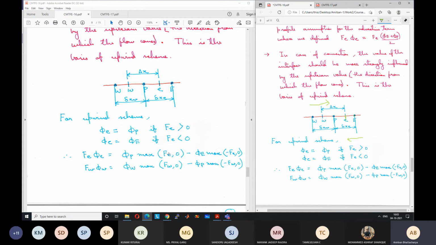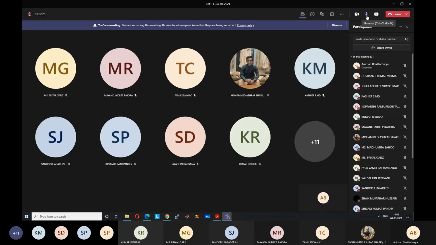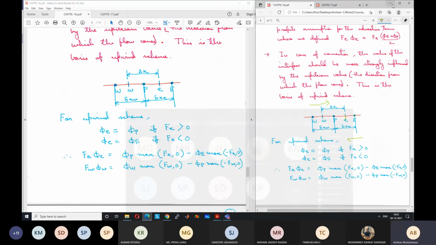If Fe is negative, then this Fe is less than 0, so maximum of Fe and 0 is 0. So phi p into 0 minus phi e into minus Fe. Minus Fe will be positive, so maximum of minus Fe and 0 will be minus Fe because this is positive.